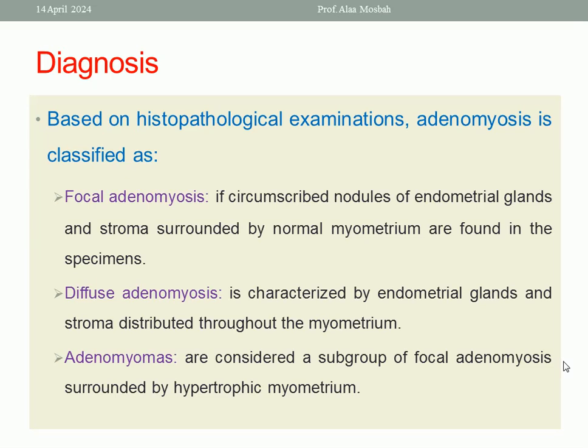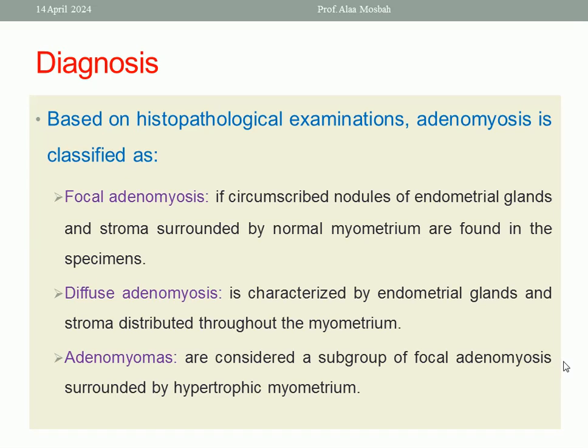What about the third category in the histopathological examination classification? Adenomyomas. Adenomyomas are considered a subgroup of focal adenomyosis. So how can I differentiate between focal adenomyosis and the adenomyoma? In adenomyoma, the endometrial gland and the stroma are surrounded by hypertrophic myometrium.